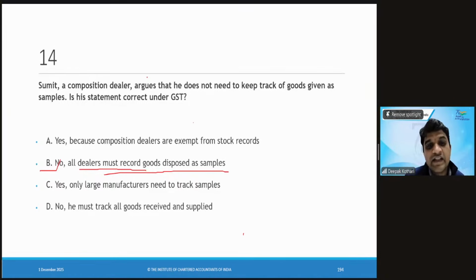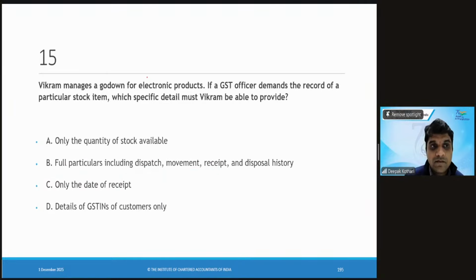Clear? Any questions on free samples? Question number 15. Vikram manages a godown for electronic products. If a GST officer demands the record of a particular stock item, which specific detail must Vikram be able to provide? Quick answer, Ram. Very nice.